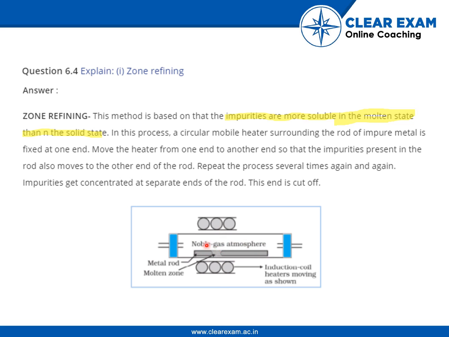Okay, we will just cut the part of the rod from this side as well as this side, because this part has only the impurities and some amount of metal, which we can neglect, and we can just cut it off and throw it away. And this part of the rod also has some impurities, so we will also cut this part of the rod and throw it.